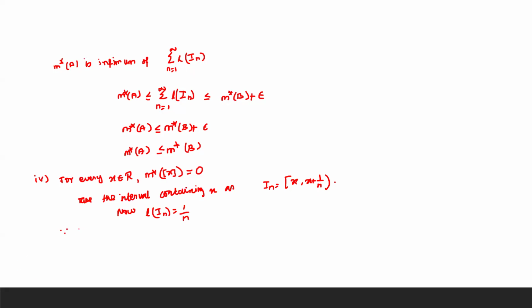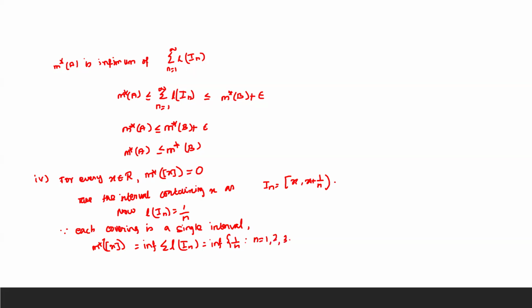Since each covering is a single interval, we have the outer measure of the singleton set x is the infimum of the summation of the length of In. Here the infimum is the infimum of 1 by n as n runs over 1, 2, 3, etc.